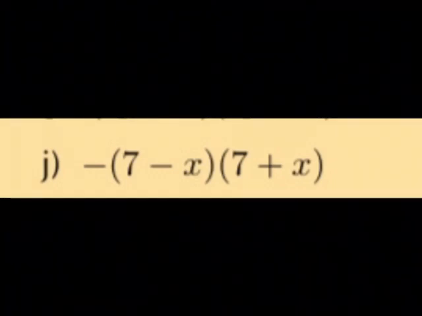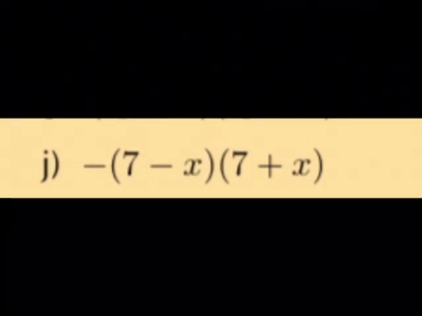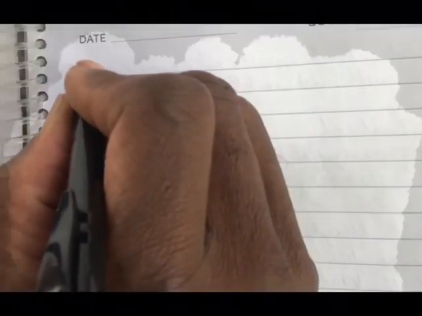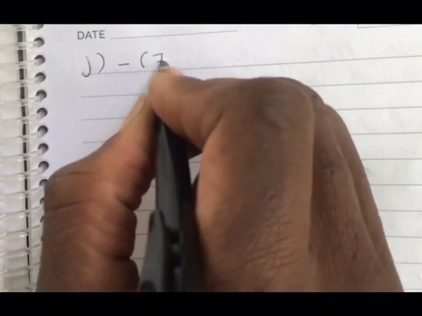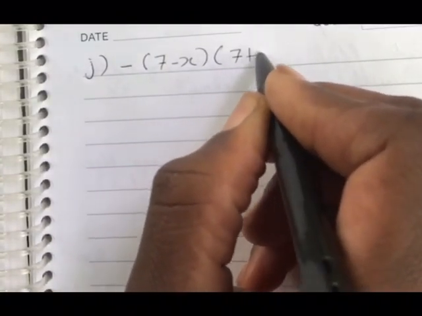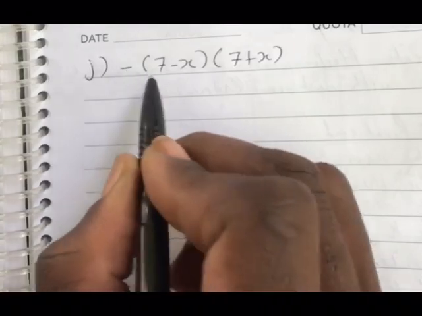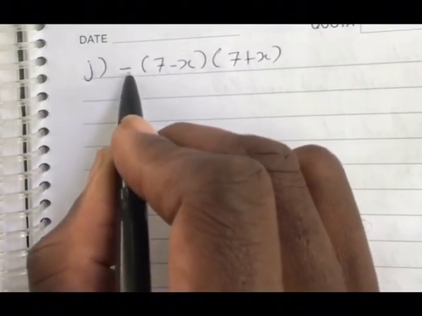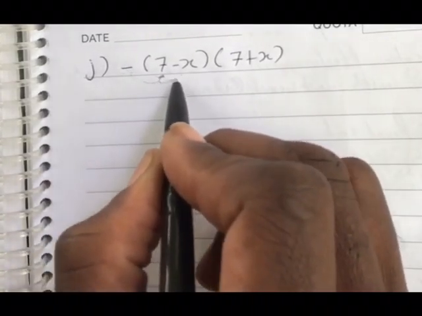Now exercise J: negative (7 minus x) multiplied by (7 plus x). The first thing here, you open the brackets with the negative sign.